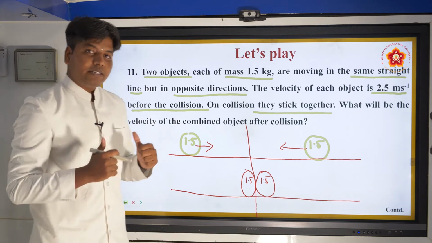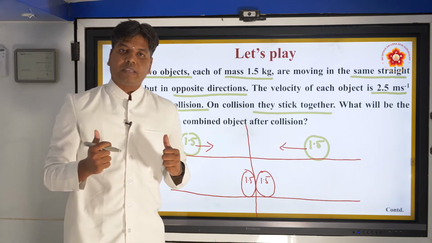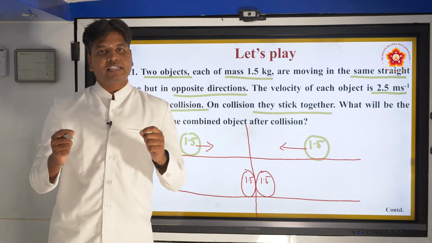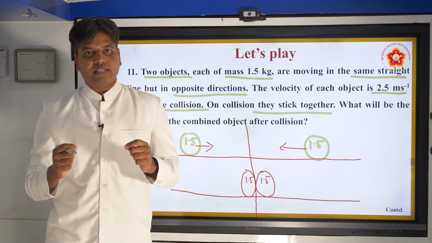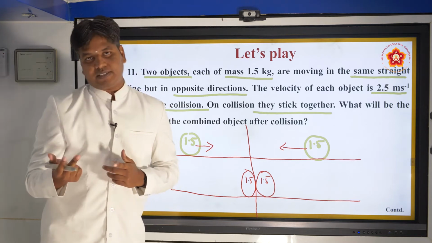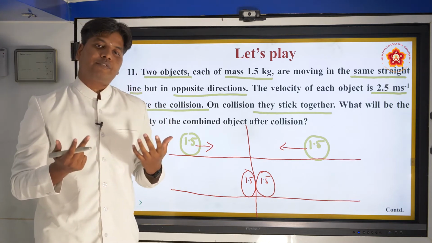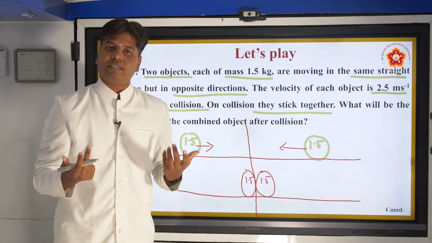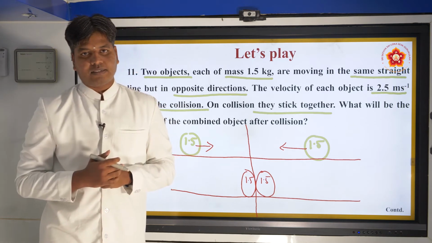What we have discussed in the law of conservation of momentum is that when you have a symmetric situation before collision, it should follow the symmetry after the collision. So how can it follow a symmetry after the collision? There are two ways, right?